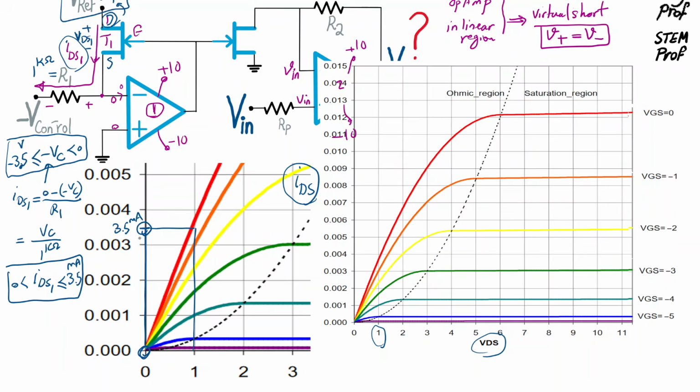Now, what it means is, depending on where we set the V control, in between 0 and negative 3.5 volt, we are moving along this vertical axis.